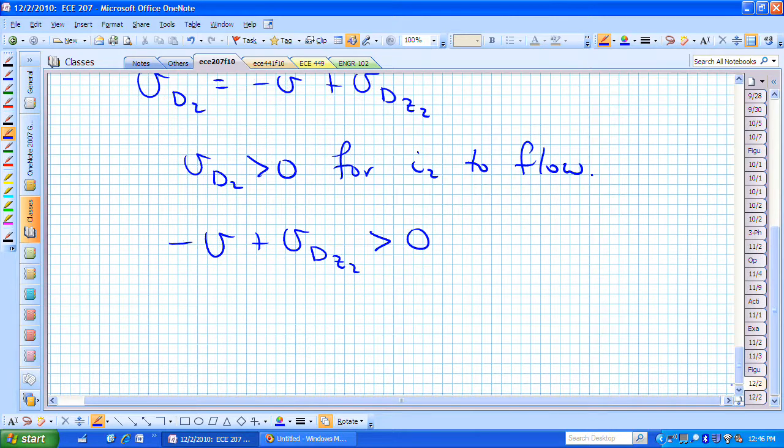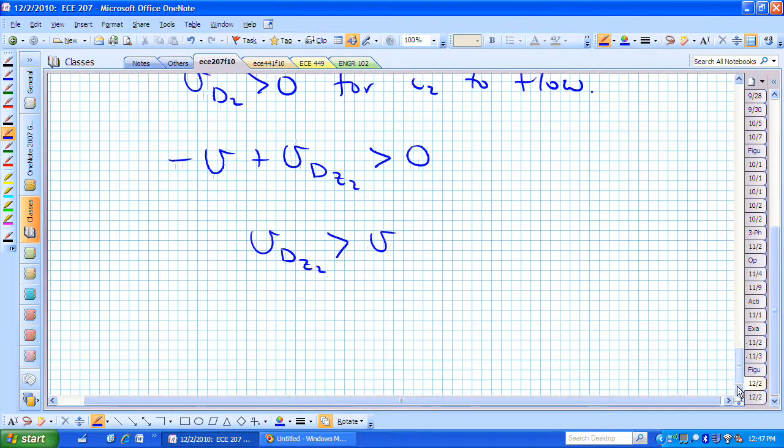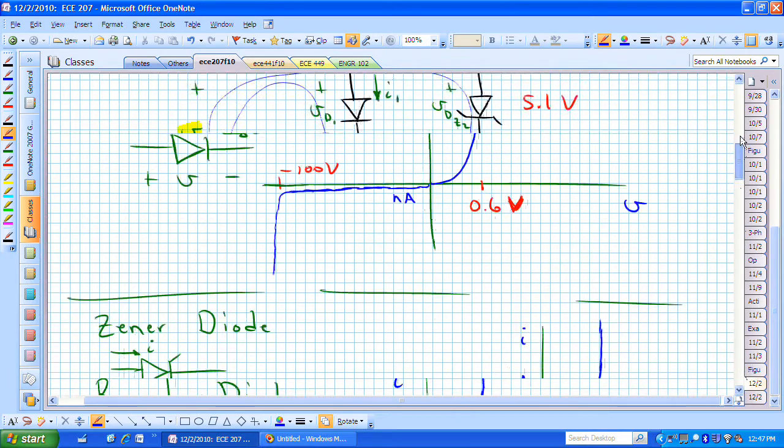But we said V was going to be negative, and that means that V sub D sub Z sub 2 needs to be bigger than V. And what is V sub D sub Z sub 2?